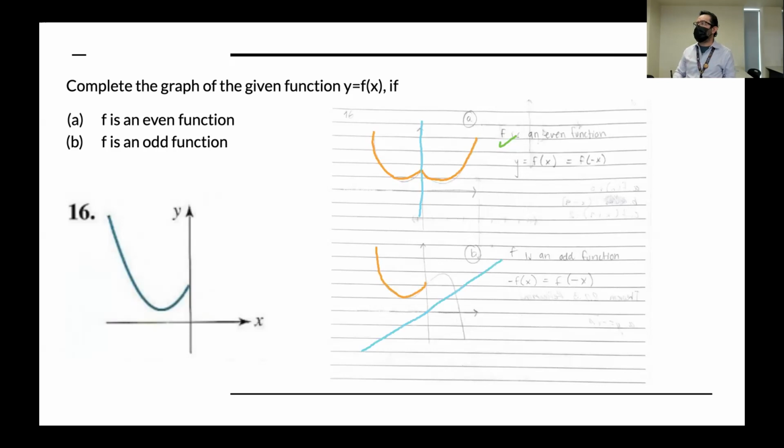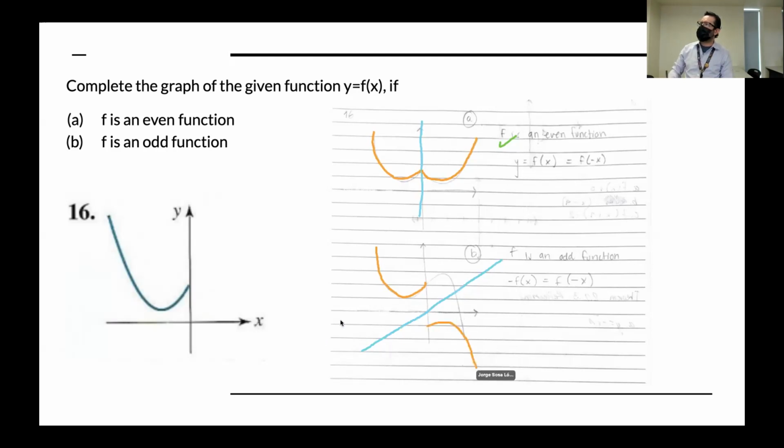Putting a mirror along the origin means that we're reflecting opposing quadrants, okay? So the mirrored function should go like this, okay?